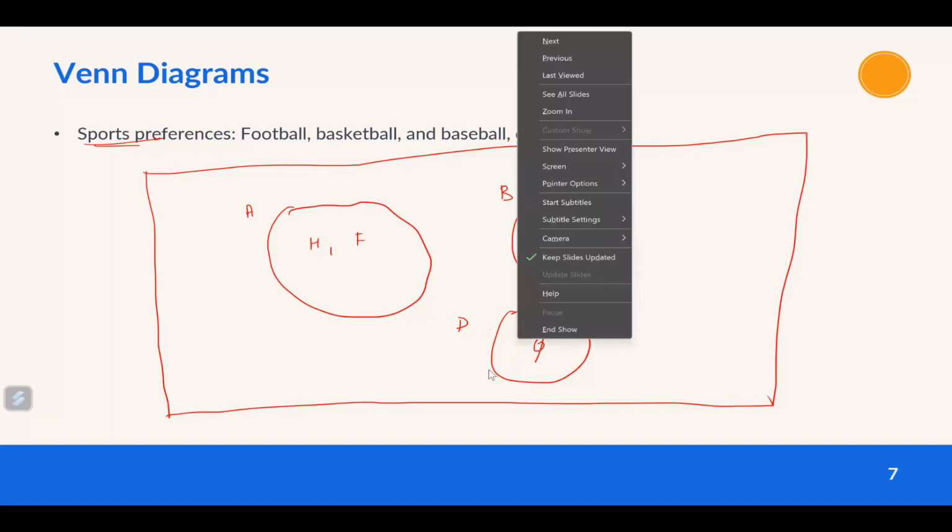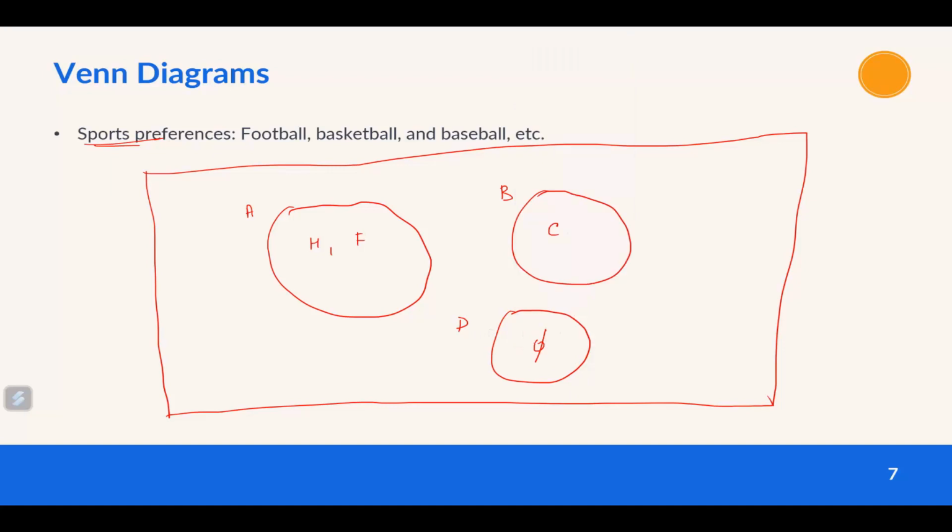It will have no element, right? Suppose a person E likes hockey and one more, kabaddi. So this E represents the sports preferences of a person who likes hockey and kabaddi, right? So this is a universal set U, and these sets here represent different sports preferences. Again, in this case also, this is a Venn diagram representing sports preferences.